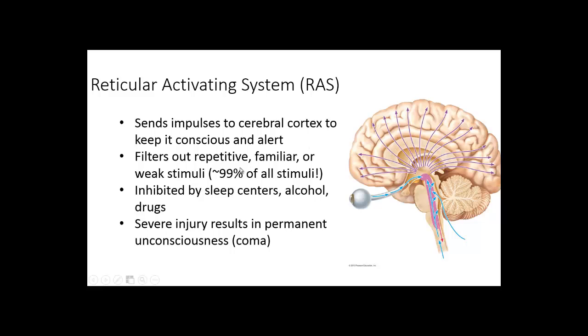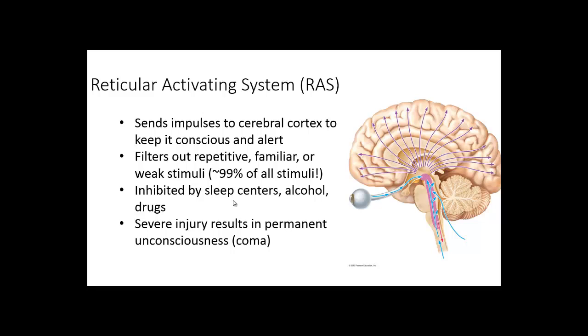We also, with the help of alcohol, drugs, and just normal sleep centers in our brain, can shut down the reticular activating system. So some people that have a lot of stress, or just don't want to be alert and conscious of their environment because of maybe a difficult living situation or whatever, self-medicate using alcohol or street drugs, because that shuts down the reticular activating system and prevents it from being aware of the environment, and just kind of allows them to tune out.